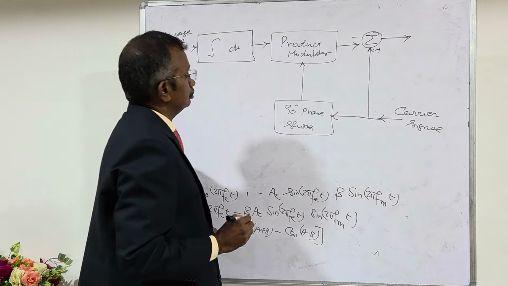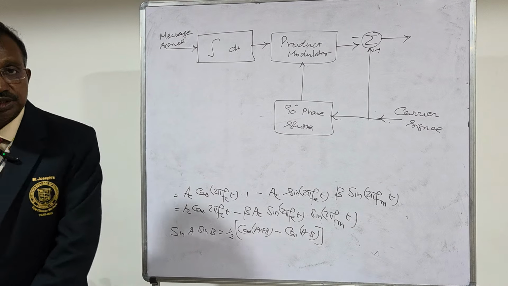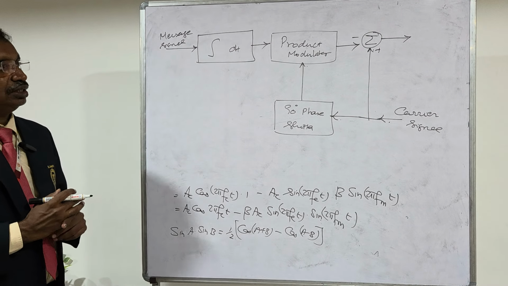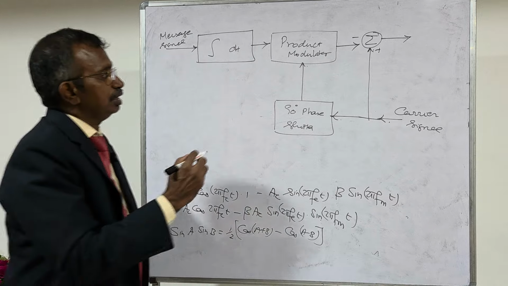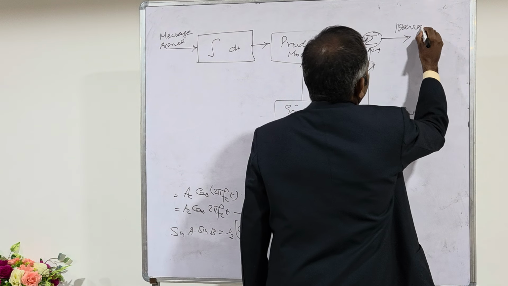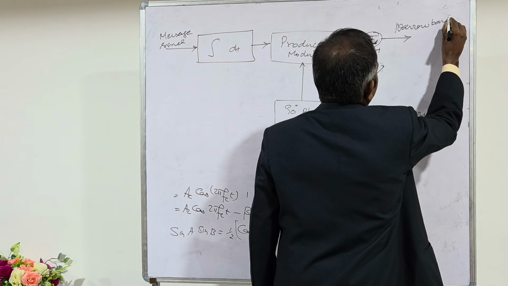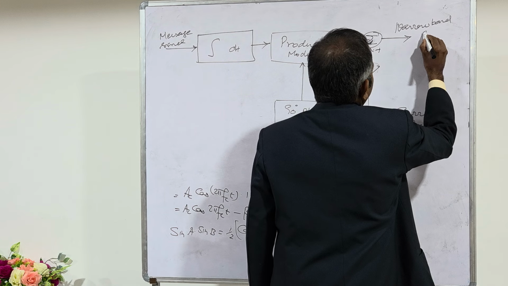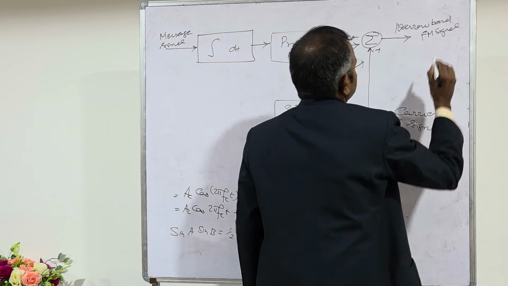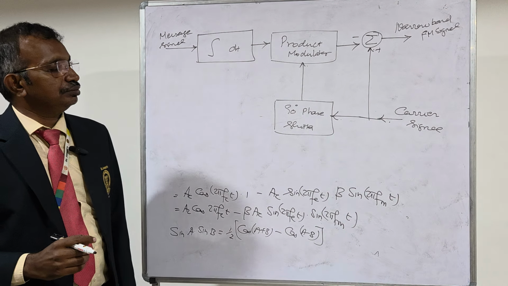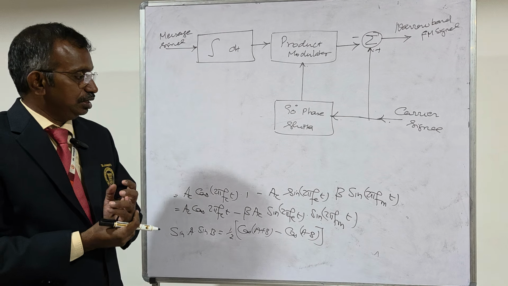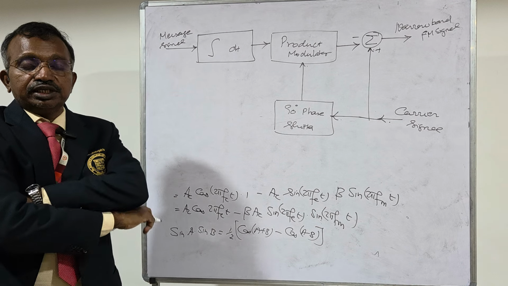Right, so this is the narrowband phase modulator. Here you are getting the narrowband FM signal. Right, this is the block diagram that is used for the generation of the FM signal.